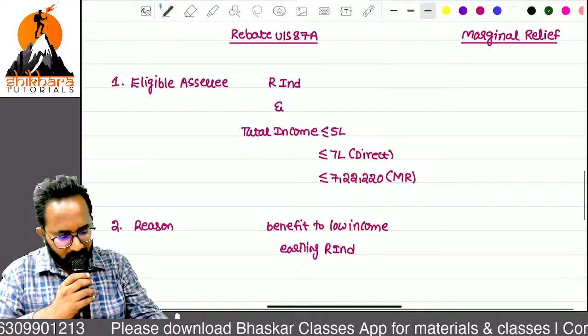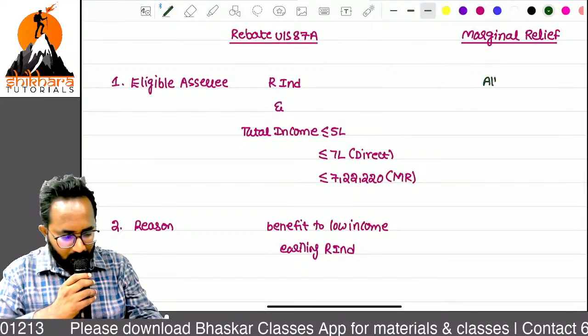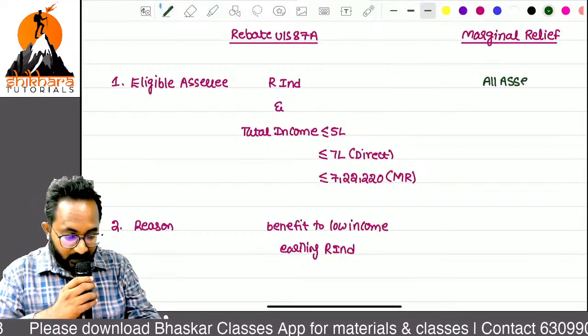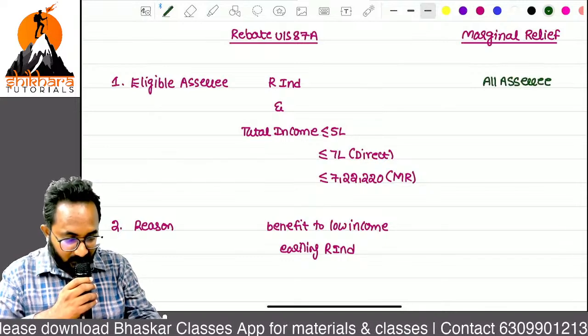Now, what is marginal relief? Who is eligible for marginal relief? All assessees. When are they eligible?